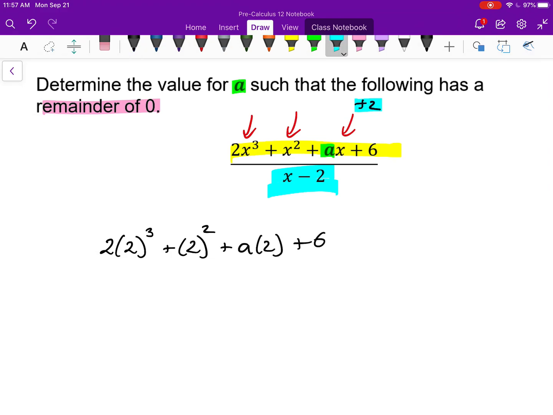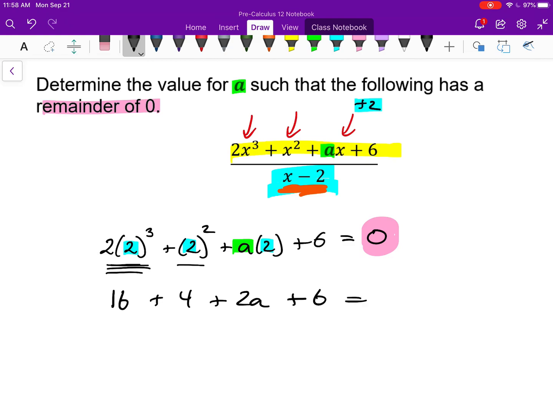So notice what I've done is I took all my x's and replaced them with positive 2. Because I know, according to the remainder theorem, whatever I get here will equal my remainder. But again, I know the remainder equals 0. So now all I have left is one unknown variable, which I can solve really easily because everything here can just be simplified. 2 times 2 to the power of 3 is 2 times 8, or 16, plus 4, plus 2a, plus 6 equals 0.